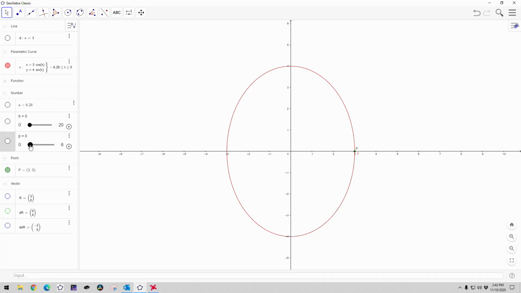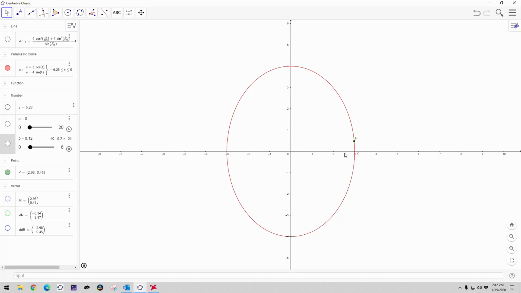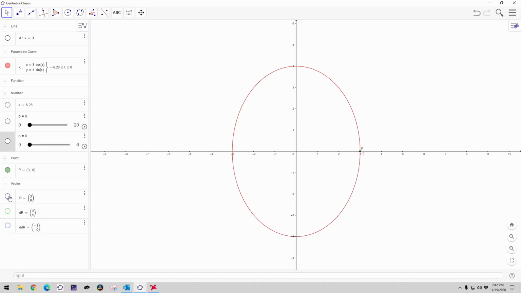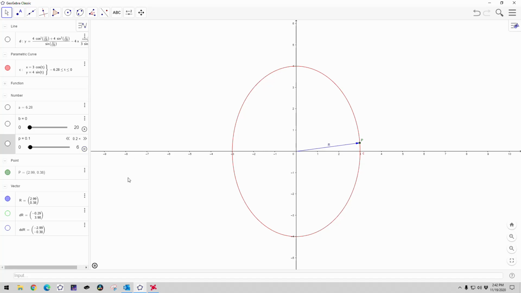So if I just leave it as is right now, as you can see, the point right here, the parametric equation just gives us the points as it's supposed to. And you can see the flow is in the direction that we discussed. Of course, the vector function gives us this r vector, which always points from the origin to the point on the curve.